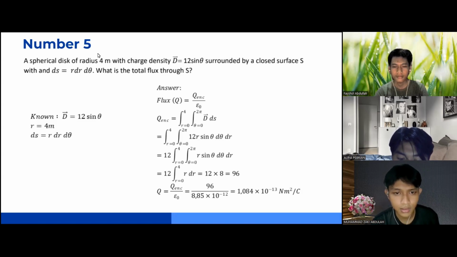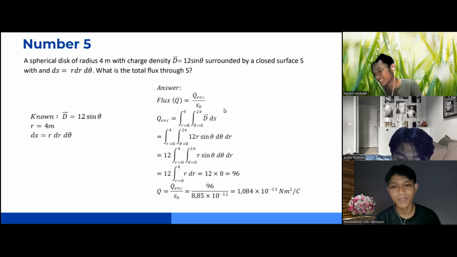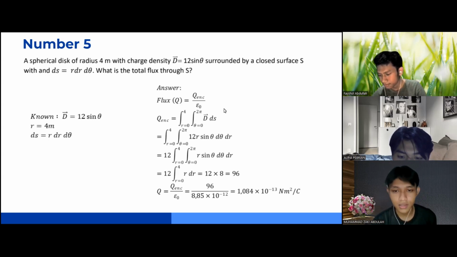And the next is the integral r = 0 to 4 and the integral θ = 0 to 2π of r sin θ dθ dr. And 12 times the integral r = 0 to 4 of r dr equals 12 times 8, equals 96.